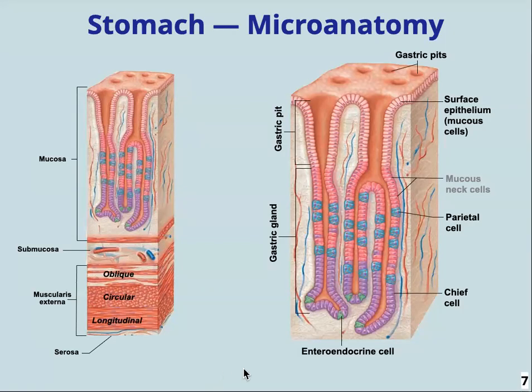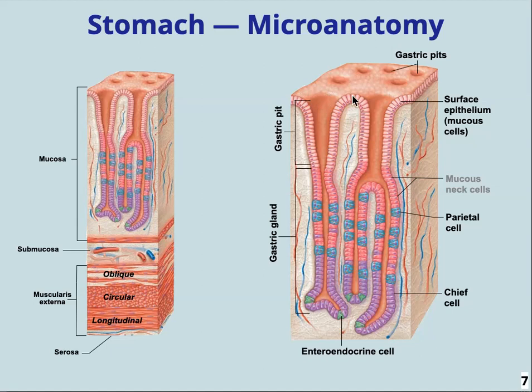Looking at the microanatomy of our stomach, we see that it's composed of simple columnar epithelium dotted with gastric pits. Okay, that then lead into the gastric glands, which have secretory functions.